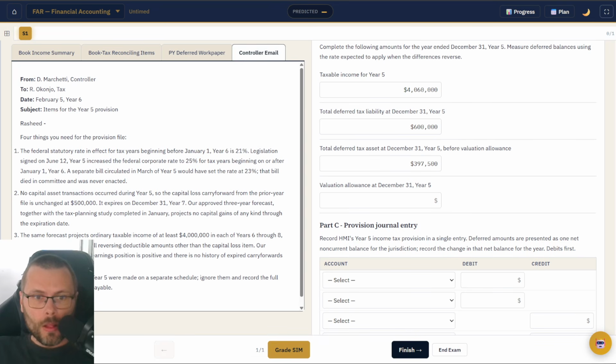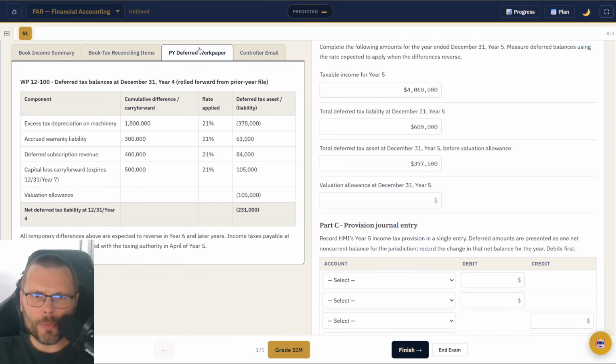So, ordinary income of $4 million projected. That covers the warranty and the subscription reversals by far. But the capital loss needs capital gain. And the forecast says that there's none through the year 7 expiration. So the full allowance on that asset, I think it was 125, the 500 times the 25%, the 125, is allowed here.